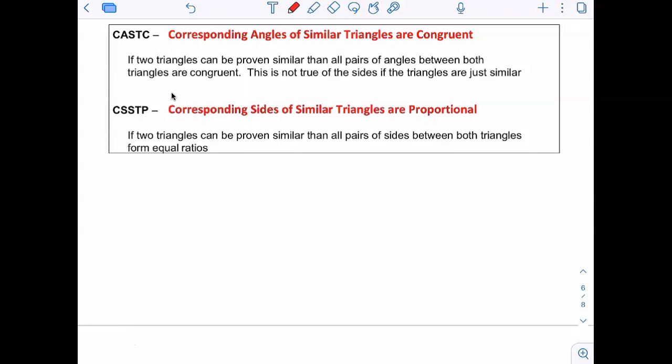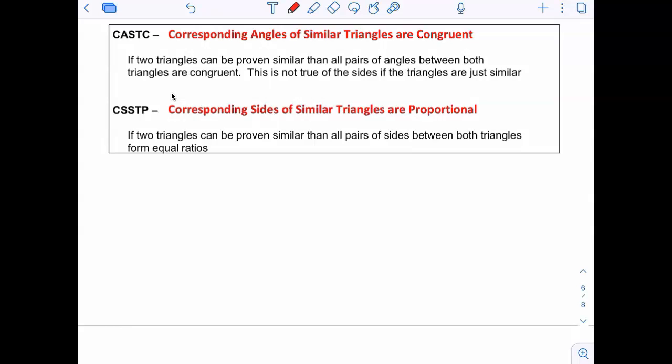If we can prove that two triangles are similar, then all pairs of angles between both the triangles are congruent.